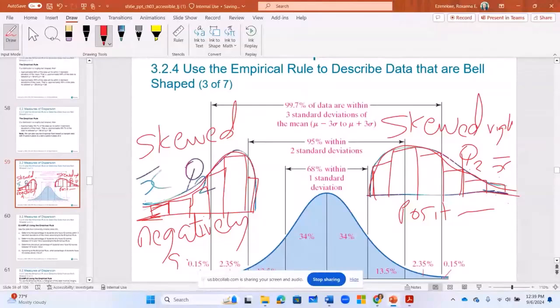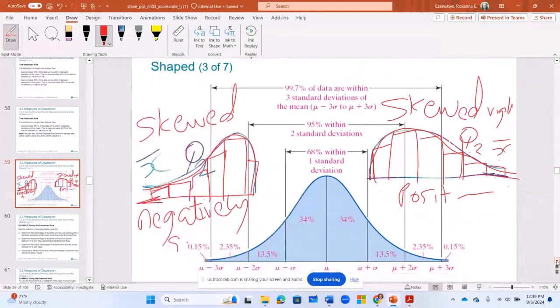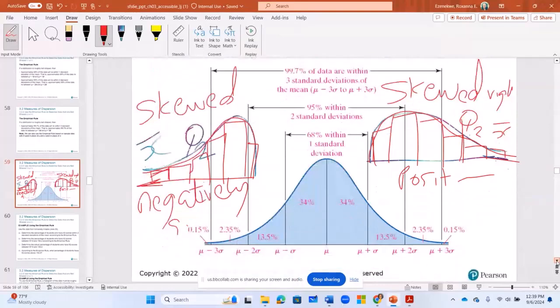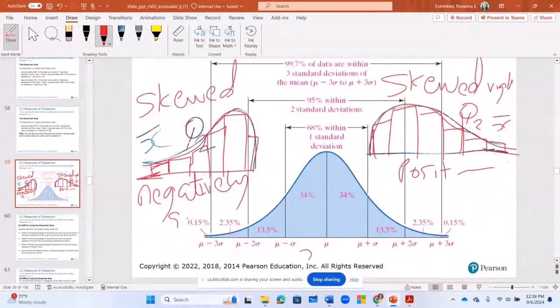All right. So when the mean is equal to the median, we say that the data is bell-shaped. And that's what we're talking about today. Whenever the mean is equal to the median, then the distribution is bell-shaped. So far, I hope what I'm saying is clear.